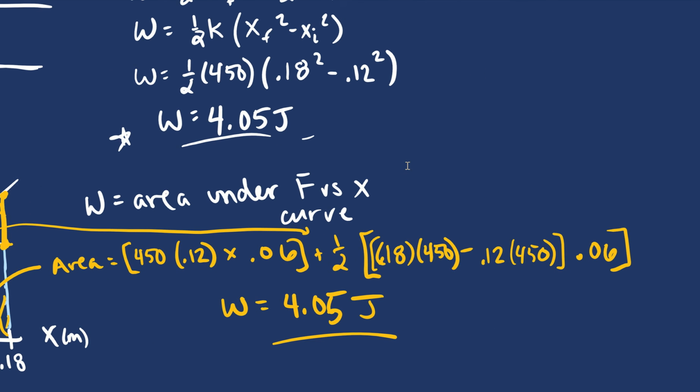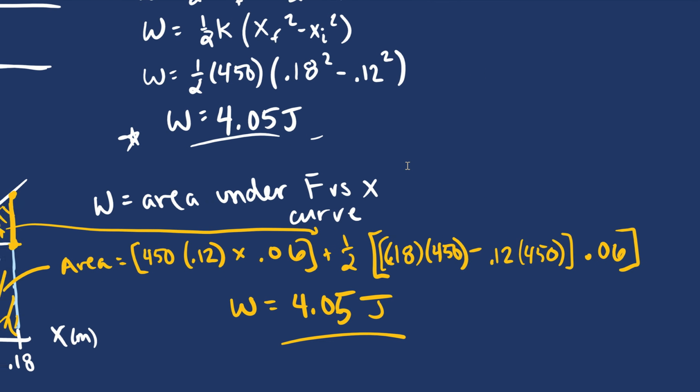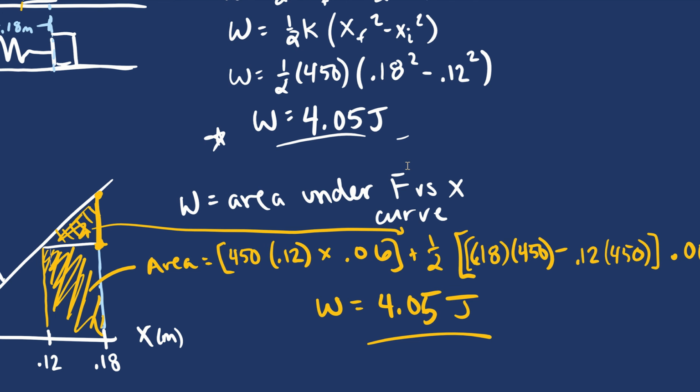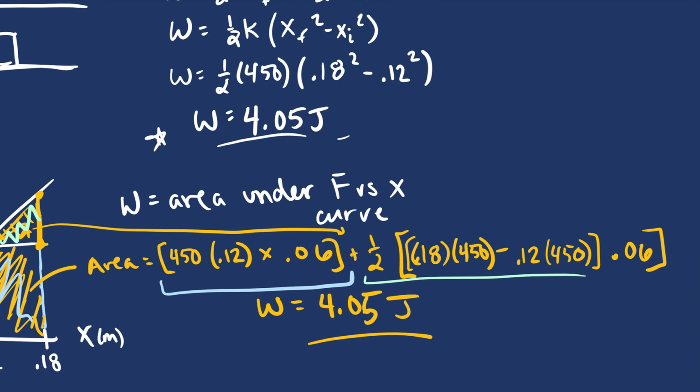I maybe should have done it in variables first, but we have the area equal to this first part, our rectangle down here, and then this next part is our triangle at the top. And this is multiplied by 0.06. Hopefully that was helpful.